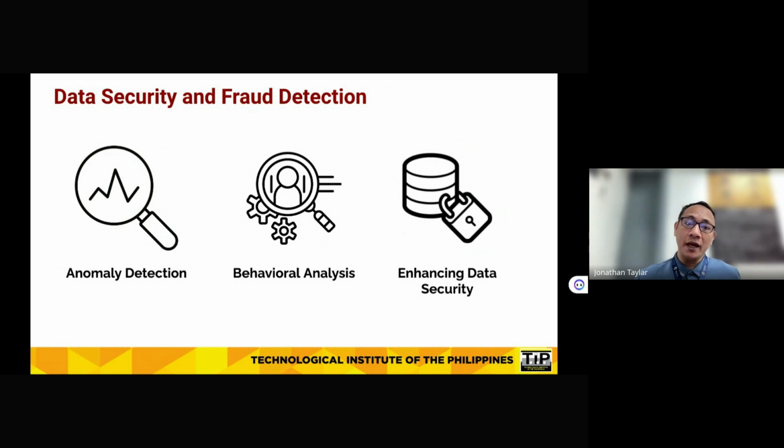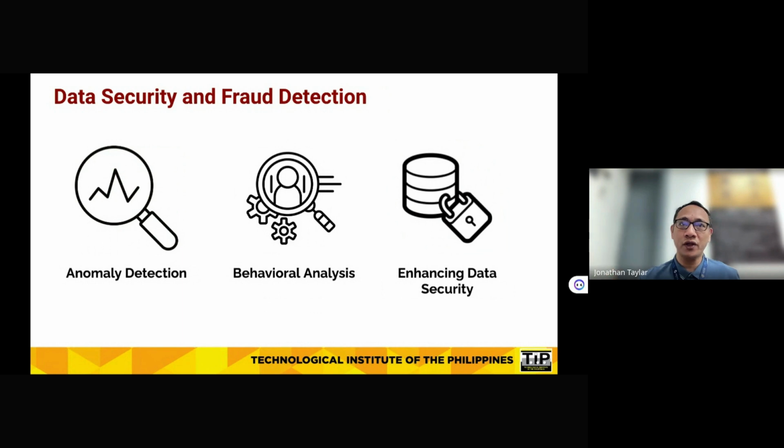AI is also applied in data security and fraud detection, which are critical aspects of AI application, especially in domains where sensitive information is involved, for example finance, healthcare, and e-commerce. Basically, anomaly detection and behavioral analysis are key techniques used to enhance data security and detect fraudulent activities.